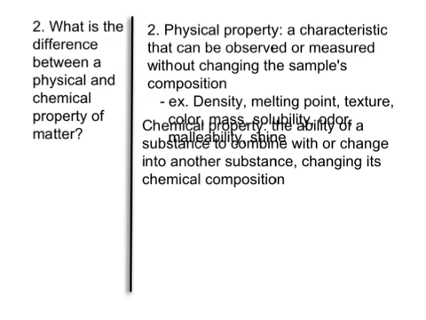All right, so let's take a quick look at chemical properties of matter then. So the chemical property of matter is the ability of that substance to combine with or change into a different substance. Okay, so if we're changing it into a different substance, we're changing the chemical composition.